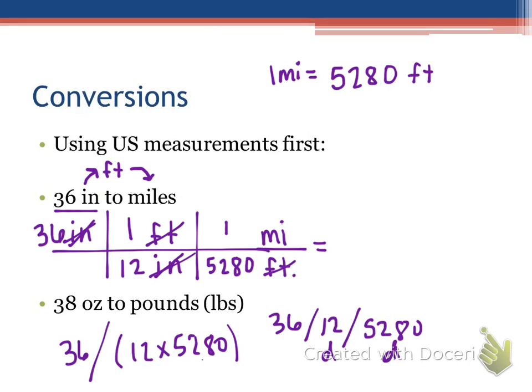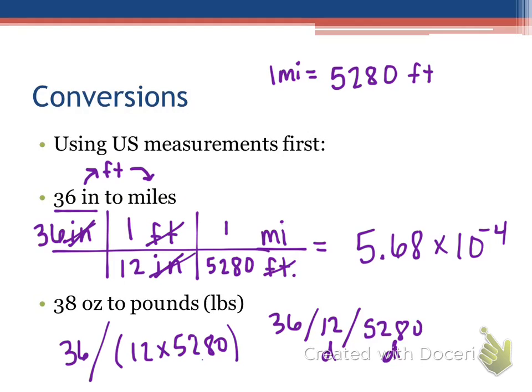So I got it to come out at 5.68 times 10 to the negative 4th. Does your calculator say e negative 4th at the end? That means times 10 to the negative 4th. How many of you feel pretty good about scientific notation? A couple of you. For those of you that are unfamiliar with scientific notation, we're still going to get to that point.